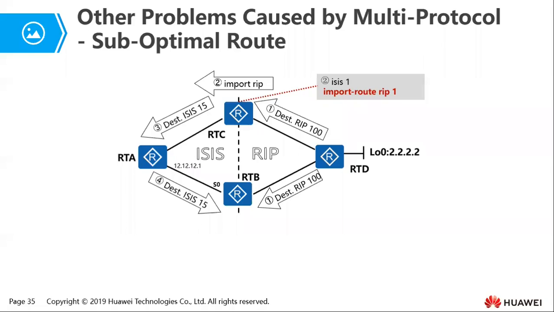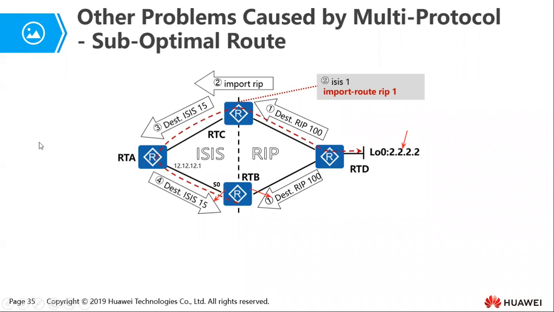So that means that RTB, as you can see here, will learn about this network from two sources, from ISIS and from RIP.